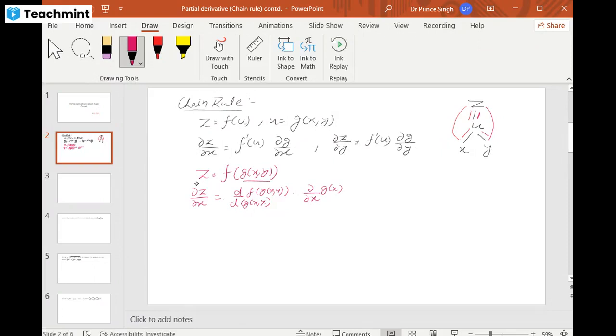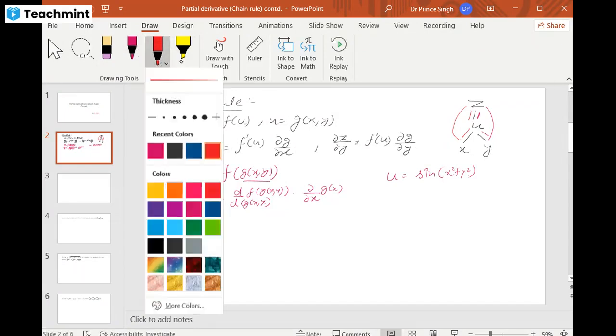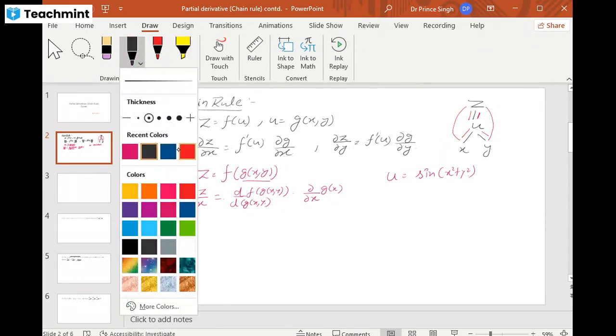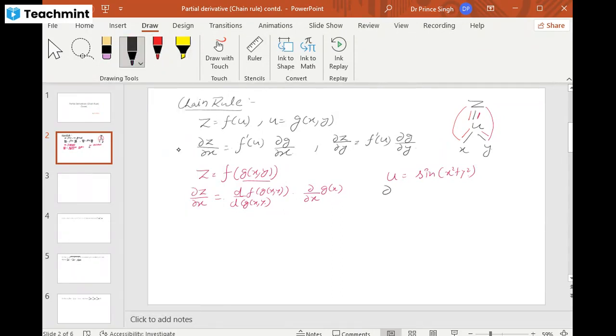For example, we discussed that u is a function, say sine of x square plus y square. We can consider x square plus y square as a function of x and y, and consider it as u only. So if I differentiate z with respect to x, we can write curly u upon curly x.